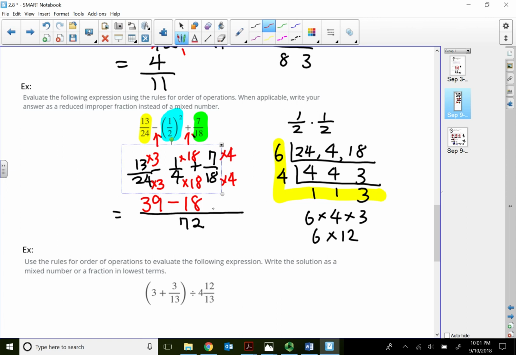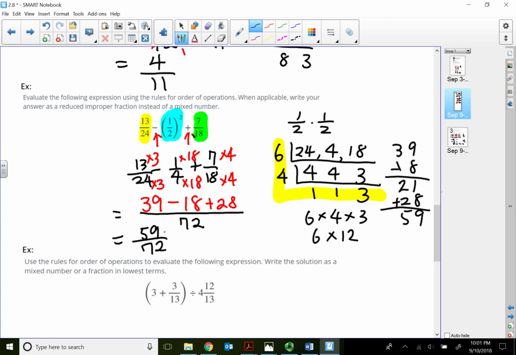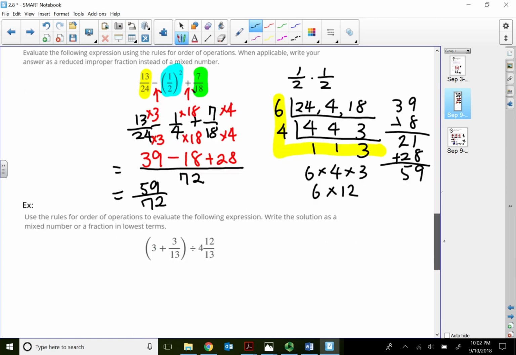So numerator times 4, that's plus 28. All right. So 39 minus 18 first. So that's 21 plus 28. That will be 59. So I get 59 over 72. Okay. I think that's a prime. Cannot reduce with 72.